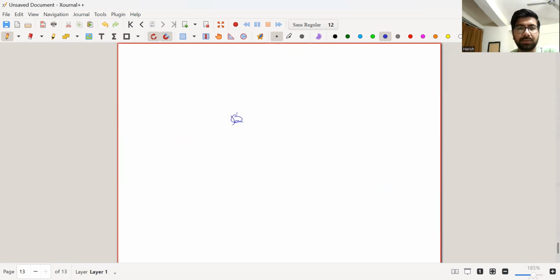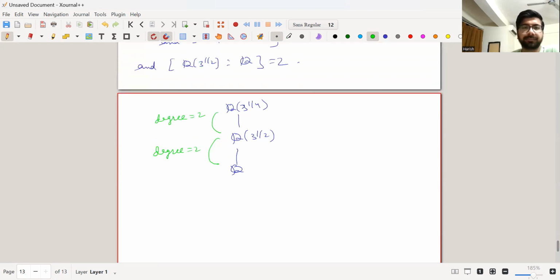This is Q, you have Q(3^(1/2)), and then you have Q(3^(1/4)). From here to here you have degree equal to 2, and from here to here also you have degree equal to 2.